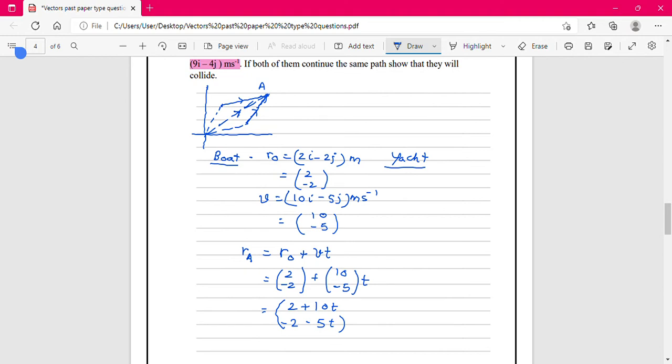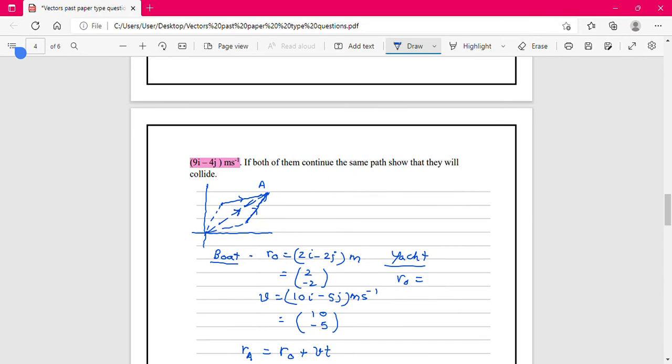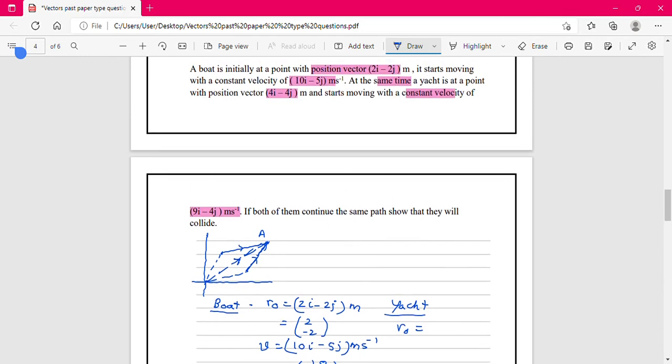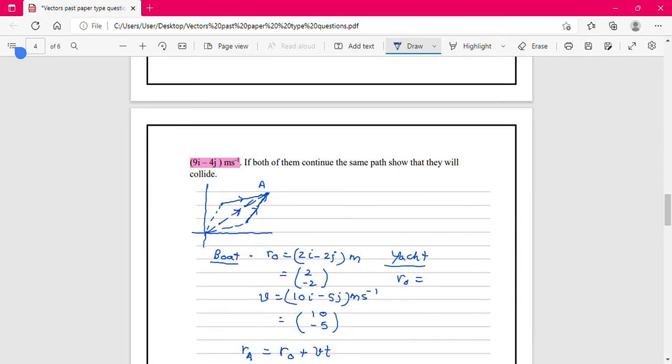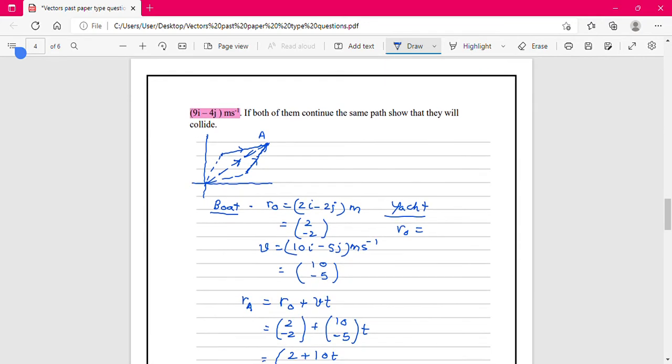For the yacht, the initial position vector R0 is 4i minus 4j meters, which is (4, -4) as a column vector, and the constant velocity vector for the yacht is 9i minus 4j meters per second.